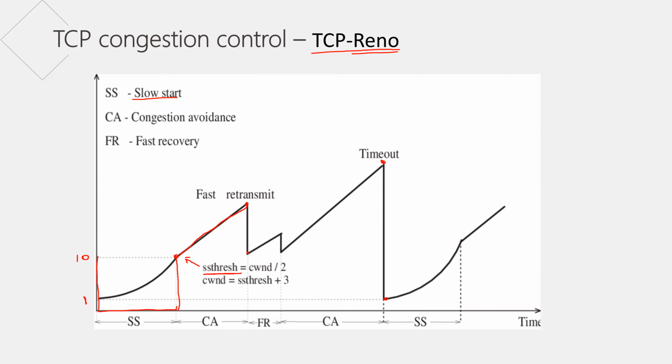And once we reach this speed, we switch our method from slow start to AIMD. And this value is not a fixed value. Once a congestion event happens, we will reset this value by dividing it by 2. So here, the fast retransmit happened, so we reset the value to this number.